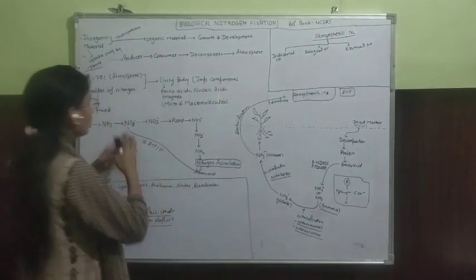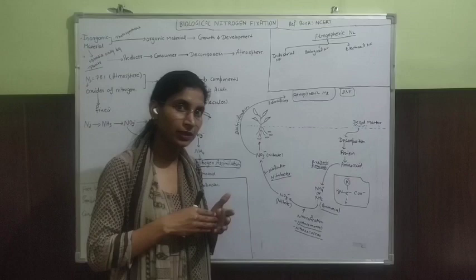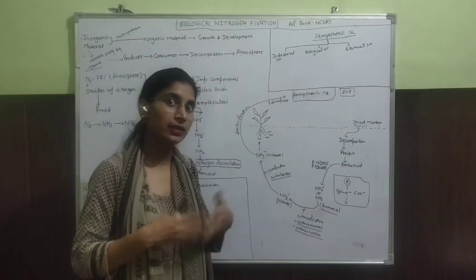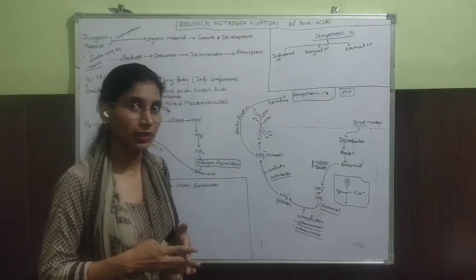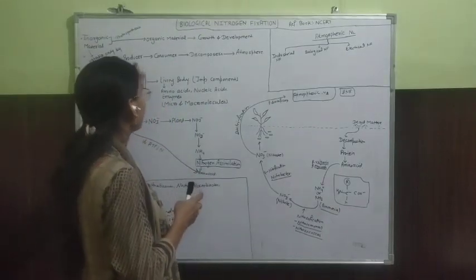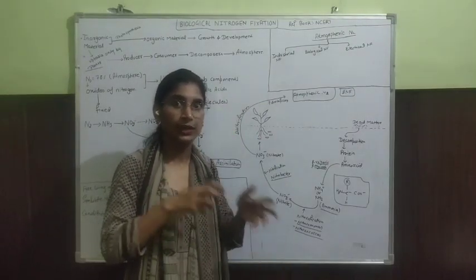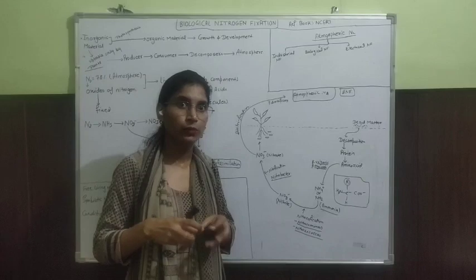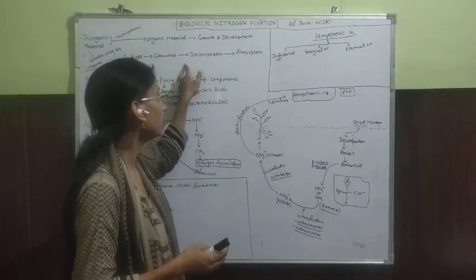Because these plants utilize inorganic material to produce food by themselves and for their own benefit, they are called autotrophic plants, and those autotrophic plants are called producers. The other organisms which take these producers for their growth and development are called consumers.